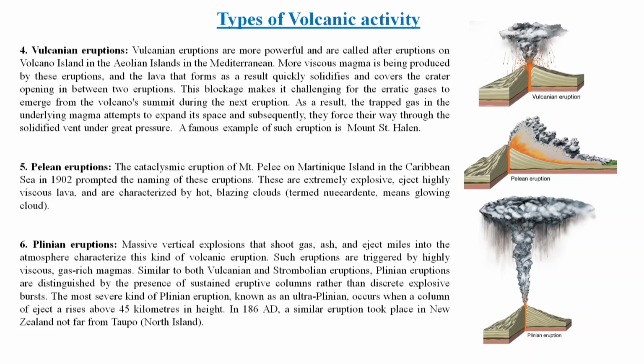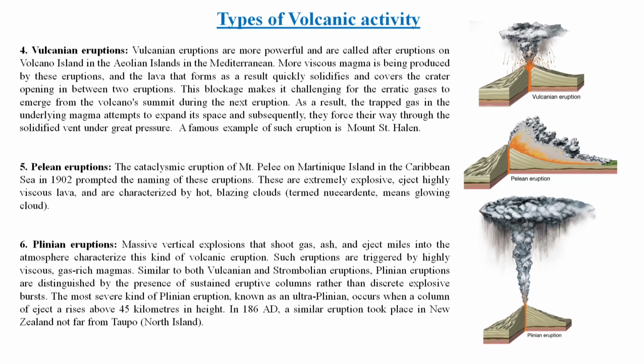and they are extremely explosive, eject highly viscous lava, and are characterized by hot blazing clouds like this. Plinian eruptions are the most violent kind, massive vertical explosions that shoot gas and eject material, even up to 40 kilometers above the volcanic vent. Such eruptions are triggered by highly viscous, gas-rich magmas.